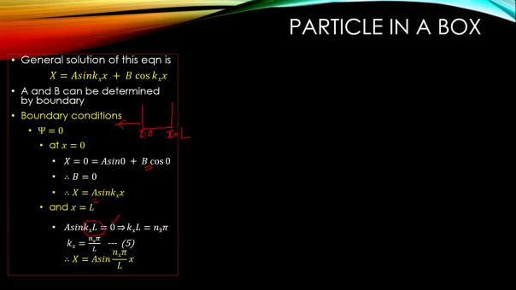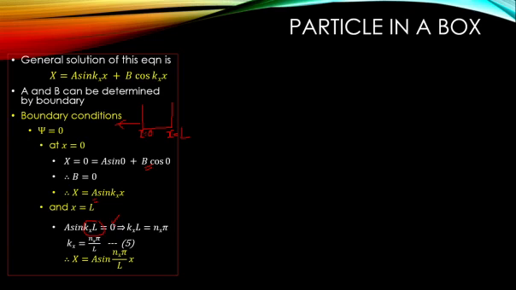Or in general, I can write whenever kx L, which is the factor of sine, is equal to nx times pi. I have given a suffix x in order to indicate that it is the integer related to the kx dimension. So whenever kx L is equal to nx pi, I will get a 0 value for sine.